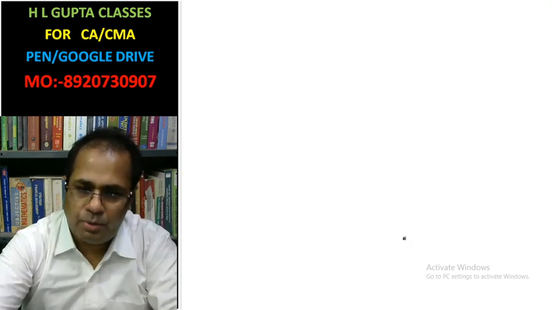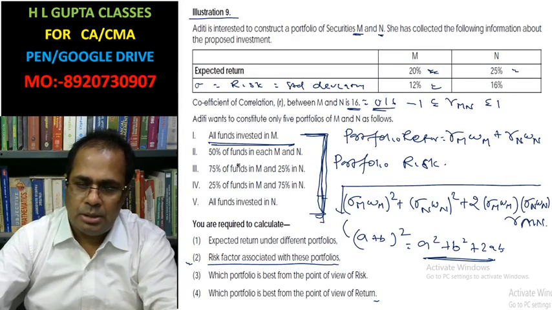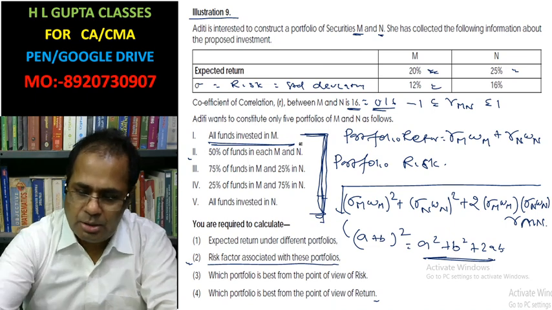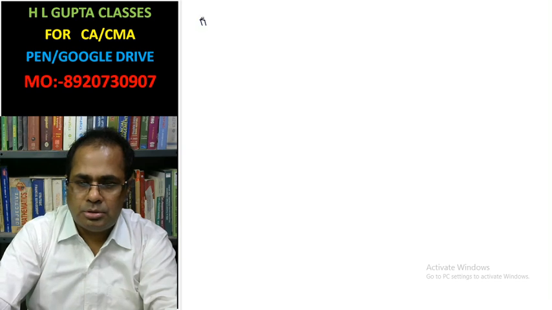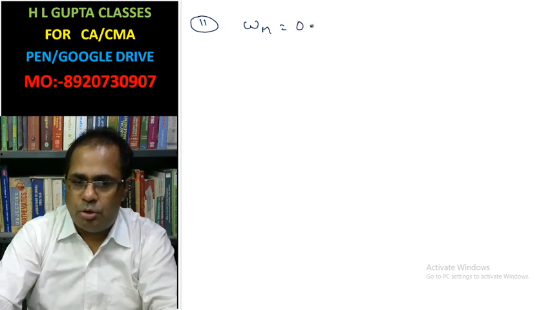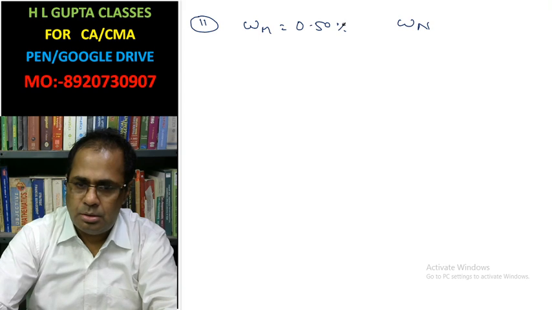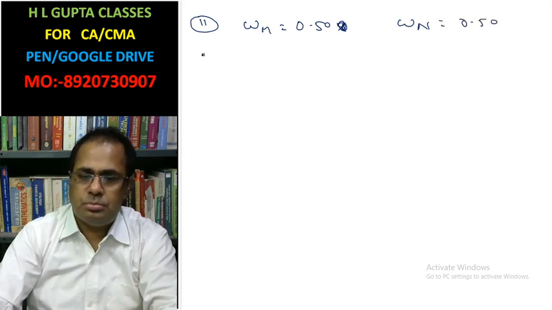Now look here. In the second case, 50% of funds are invested in M and N. Weight of M is 0.5, or 50%, and weight of N is 50%, that is 0.5.